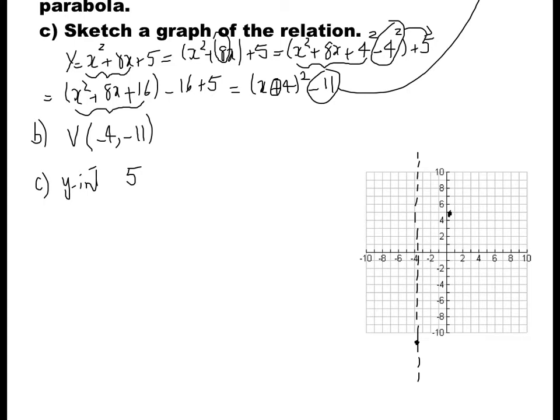So 1, 2, 3, 4, it's going to be right here. So I have 3 points, and I can draw a smooth curve going through these 3 points.